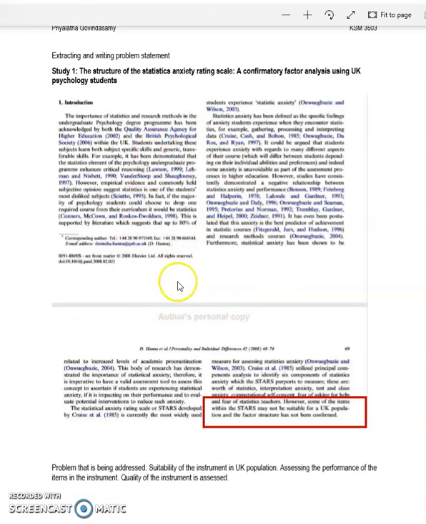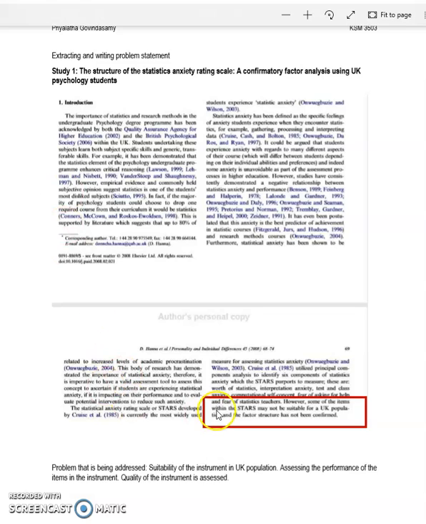Usually the problem will be mentioned in the last section of your introduction or your problem statement. So in articles, always look for the first section. Towards the end of the first section, you will identify the problem that has been studied by the paper.